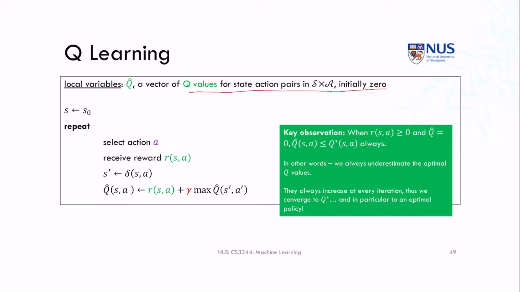Now, a key observation that we need to make here is that when we set the rewards to always have some positive value, or equal to 0, no negative rewards here, then our Q function is always monotonically increasing in value. So this is a good thing because we are always converging towards having the maximum ceiling.